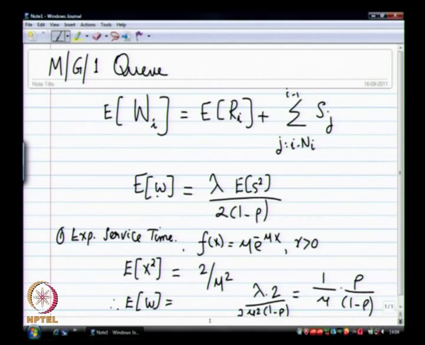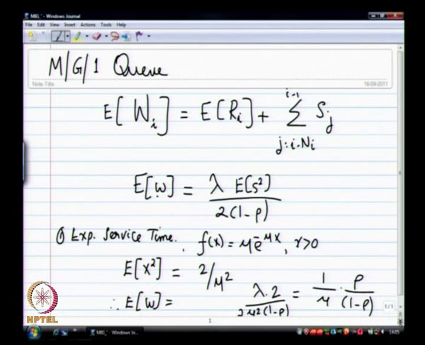Is that right, or am I missing something? So this plus 1 over mu will give you E of R, therefore. That is how this can be used.